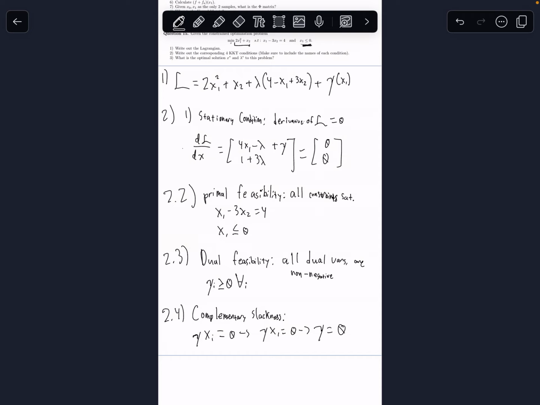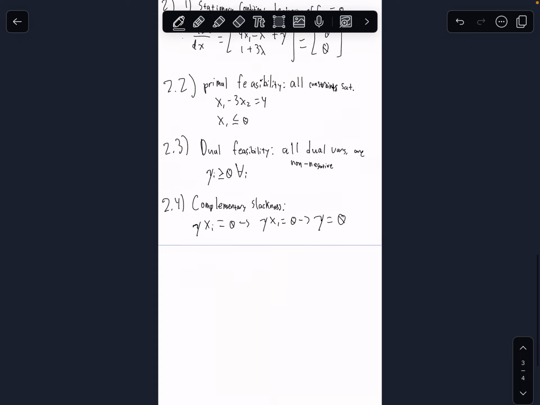The KKT conditions, as a reminder, are basically a checklist strategy that lists all the information we're given in specific ways to make it very clear what we're working with and what needs to be true for us to find the optimal solution. So the KKT gives us as many equations as possible to create a system of equations where we won't have too many unknowns for the number of equations.